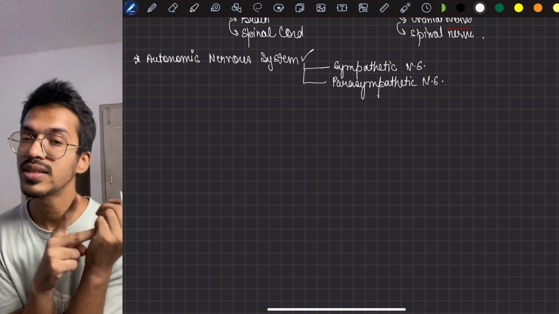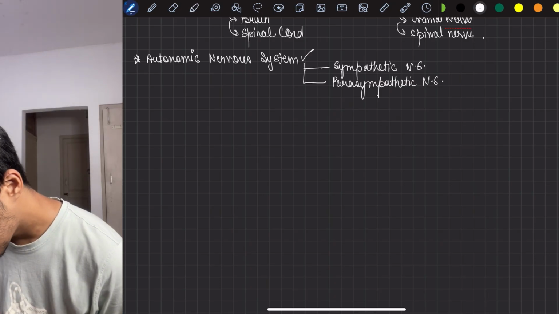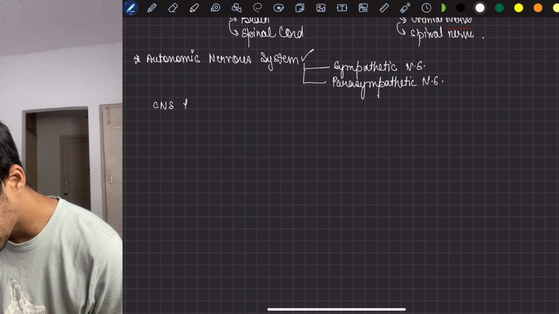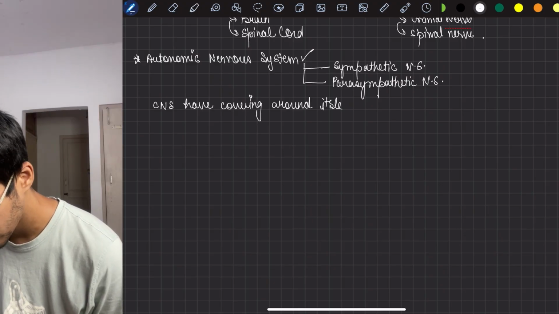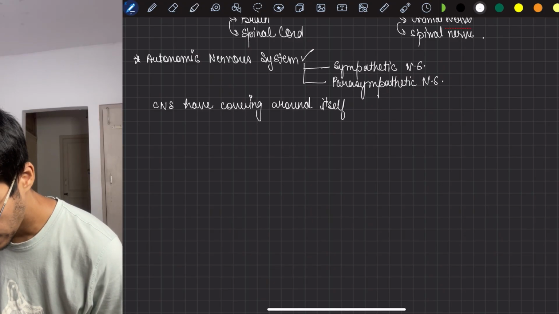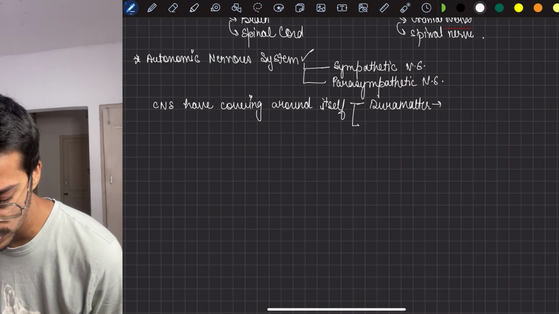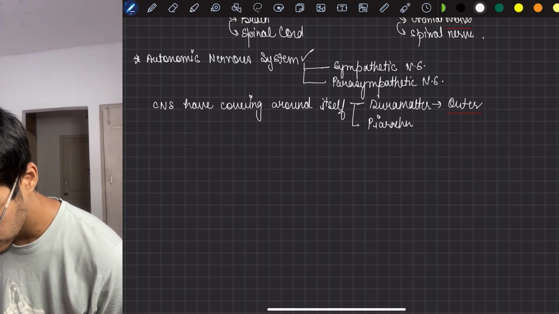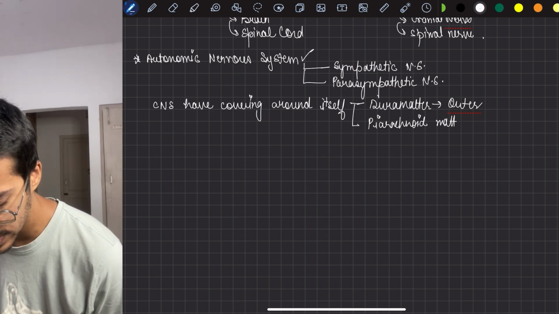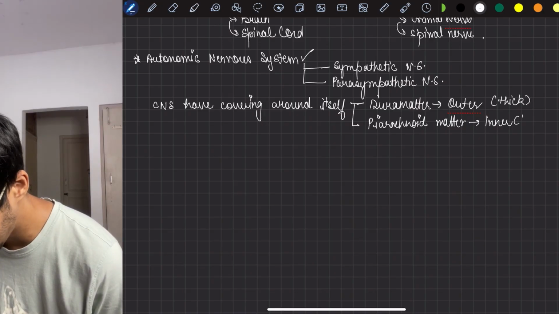One is the dura mater, the outer covering, and another is the pia arachnoid membrane, which is the inner covering, thin in structure. This is thick, this is thin and delicate.